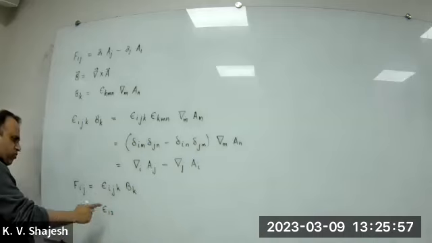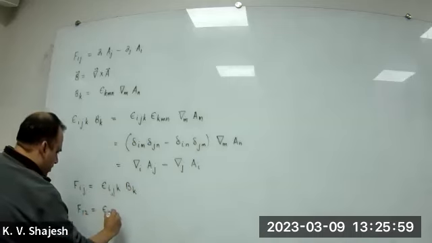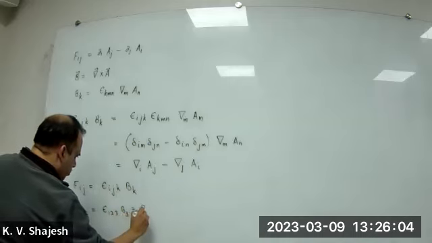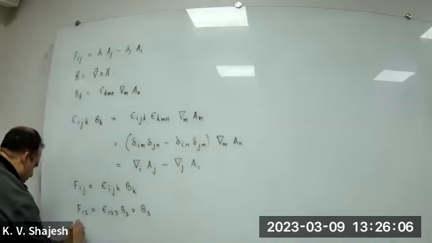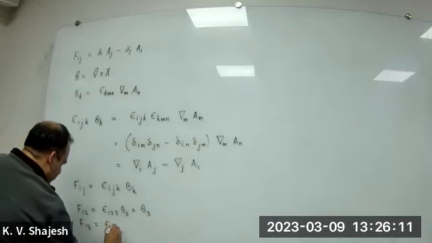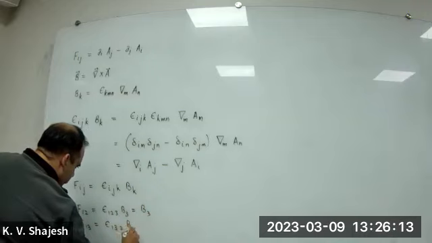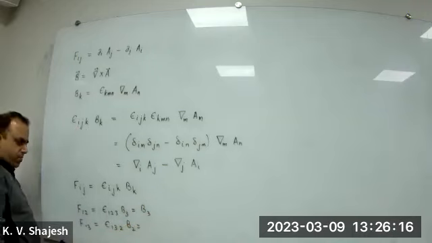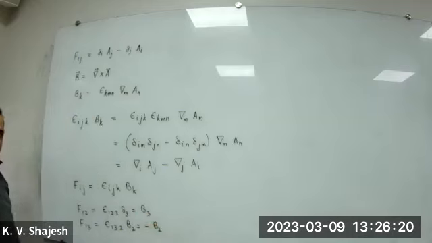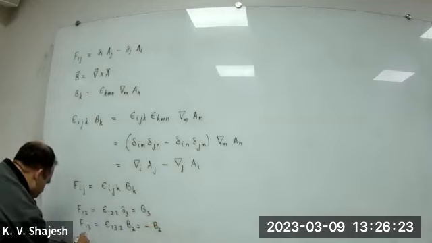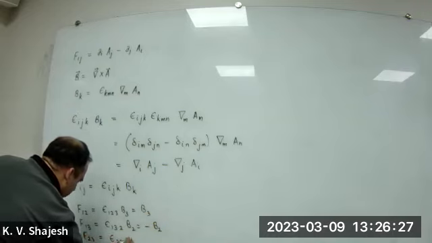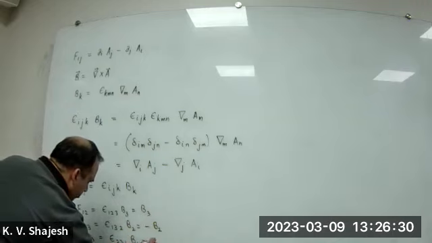Once you have chosen 1 and 2, there's only 3 remaining, so that's B_3. F_13 is equal to epsilon_132 B_2, but this is not cyclic, so there's a minus sign there, that's minus B_2. And F_23 is equal to epsilon_231 B_1, that's equal to B_1.